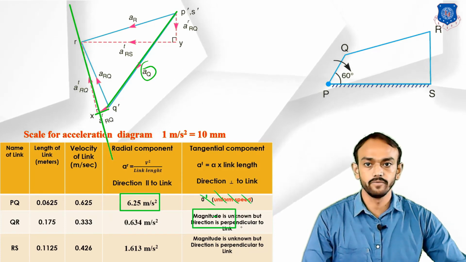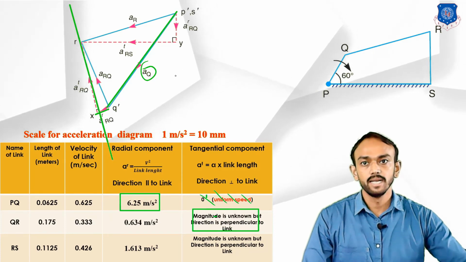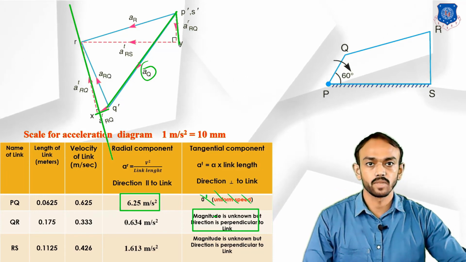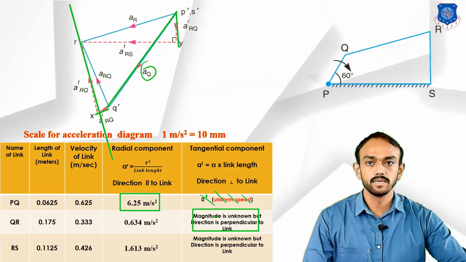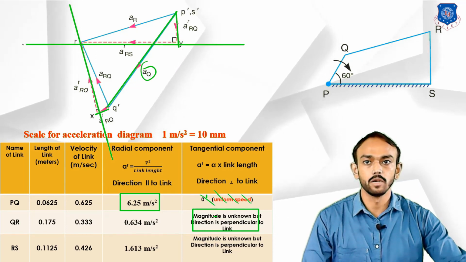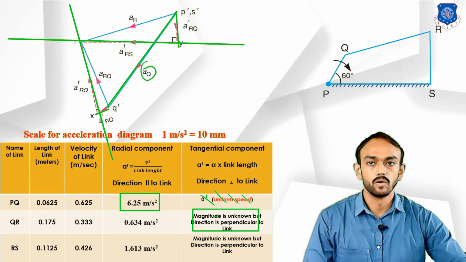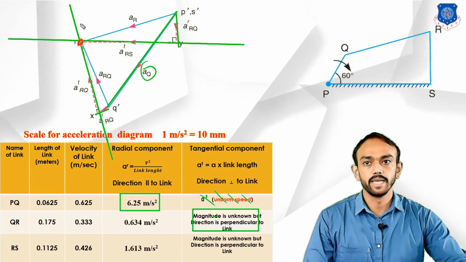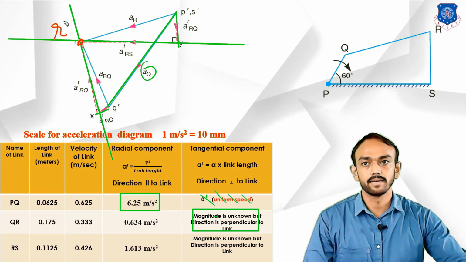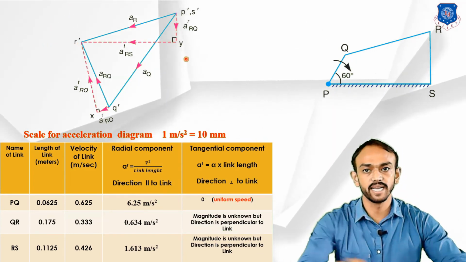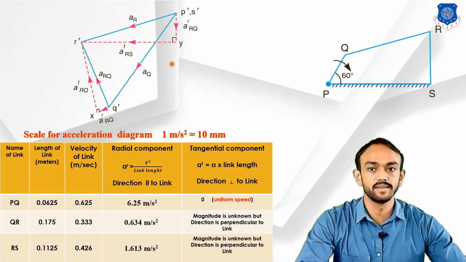Then we take the radial component of R with respect to S, and then an extra length perpendicular for the tangential component, and this gives us R dash. So up to this point, you can see on the screen, we have found the acceleration diagram.